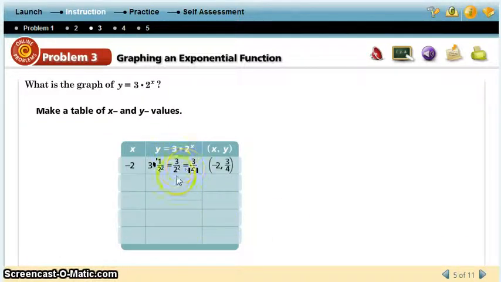This middle column is just showing your work. Next, let x equal negative 1. Now you can pick any x values you want. These are just the ones that he's using for this example. When x equals negative 1, y equals 1 and 1/2. Next, let x equal 0.